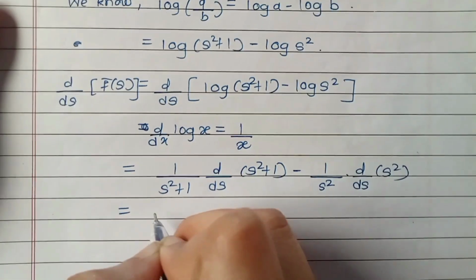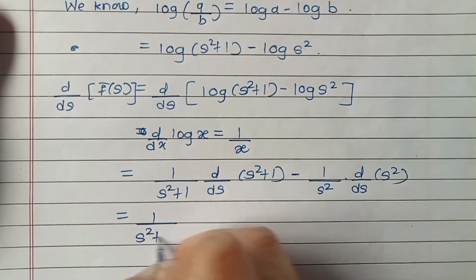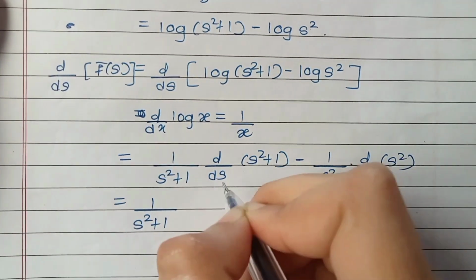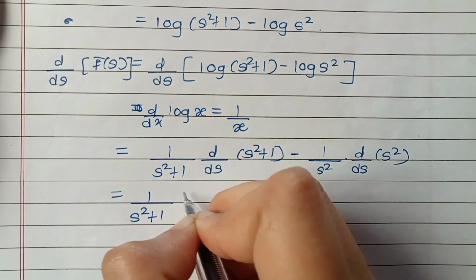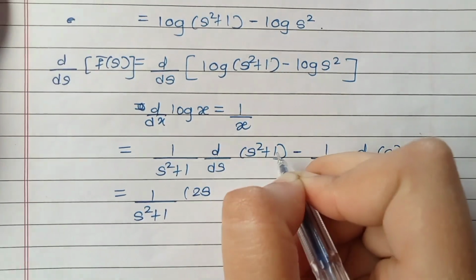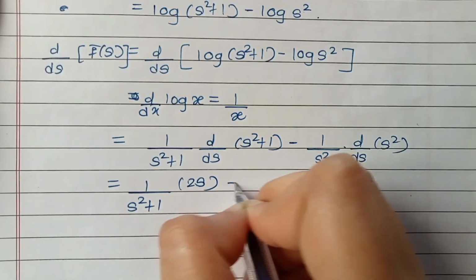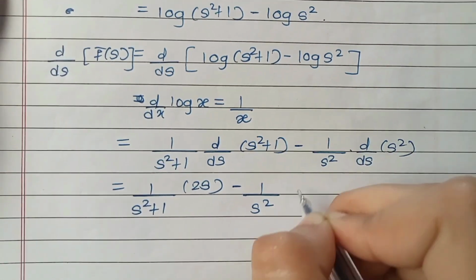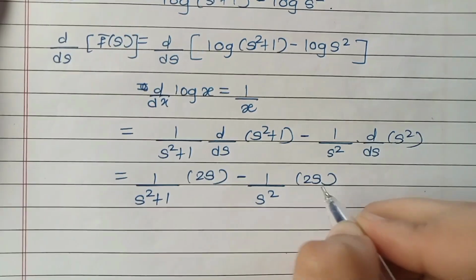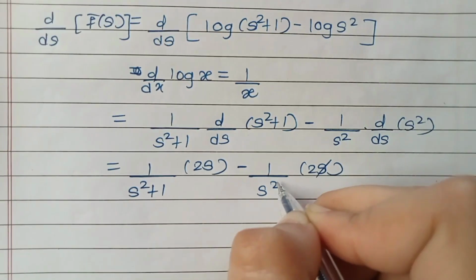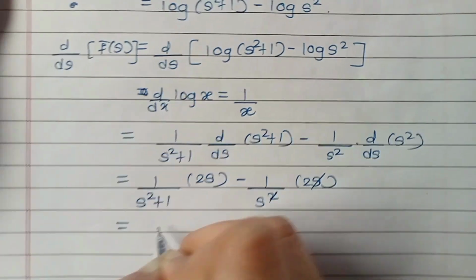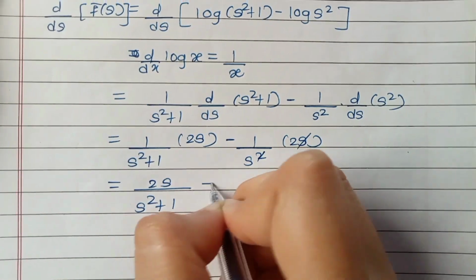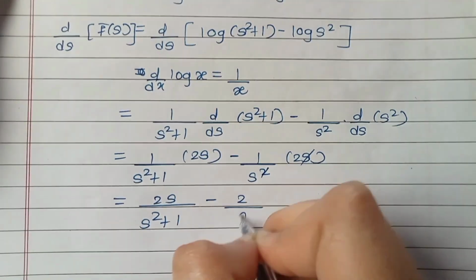Now further solving, we get 1 upon s square plus 1. The derivative of s square plus 1 with respect to s is 2s, and the derivative of 1 becomes 0. Minus 1 upon s square, and here the derivative of s square is 2s. Here s gets cancelled with one s.